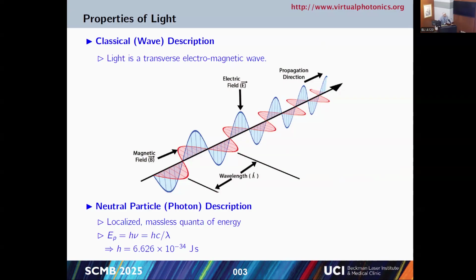Now, you can also think of light in terms of a neutral particle description, so photons are localized but massless quanta of energy, right? And associated with a given wavelength is a photon energy, right? And that's parameterized both through its frequency and Planck's constant, or you can also represent it through wavelength parameterized through the speed of light, c.